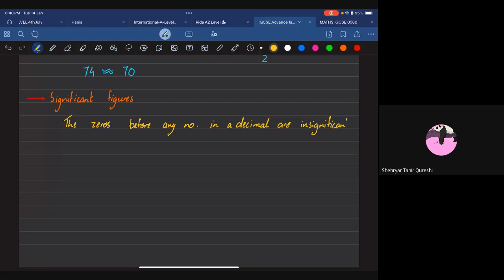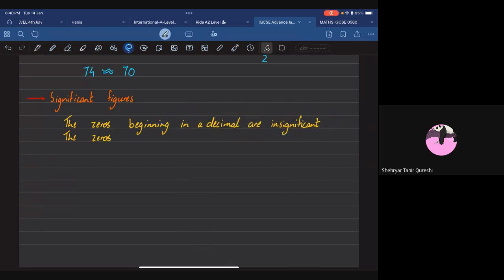Keeping this forward, you can say the zeros beginning in a decimal, that would be much more understandable, are insignificant, and the zeros ending in a decimal are insignificant.